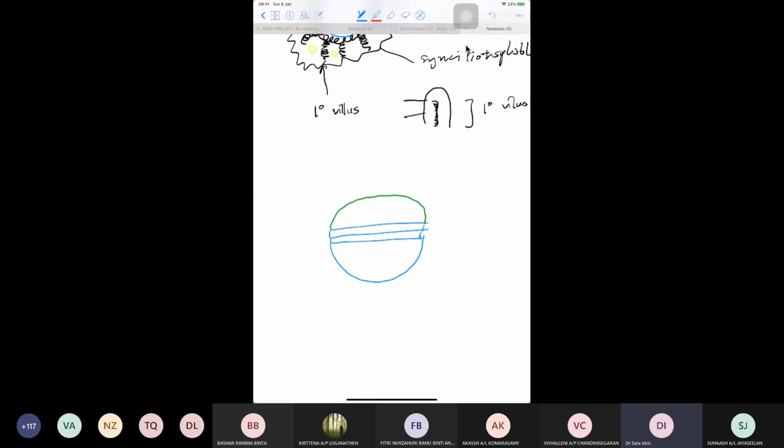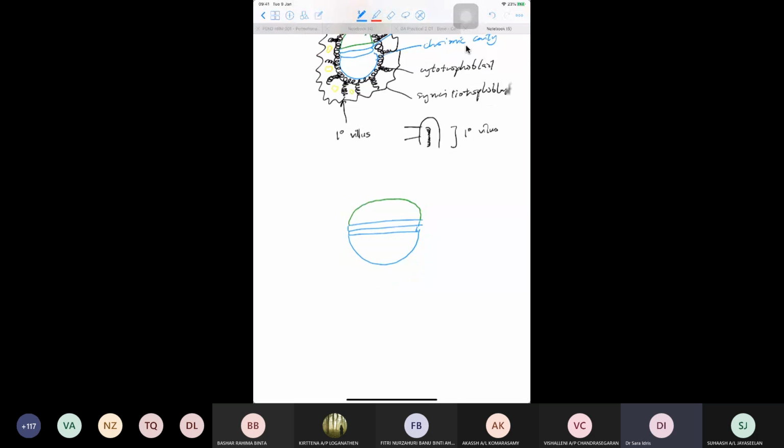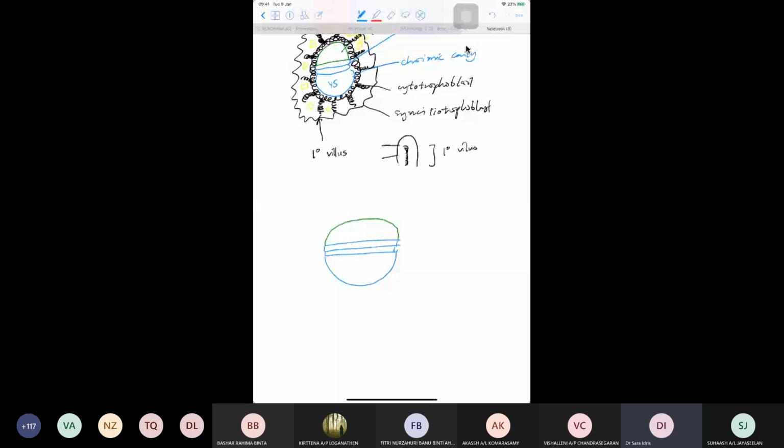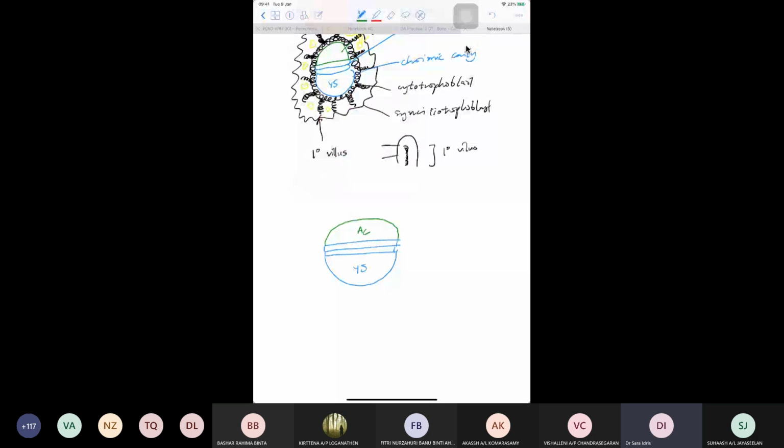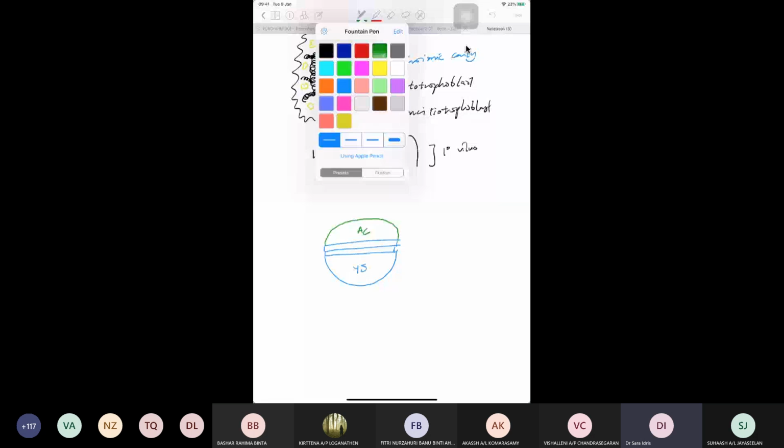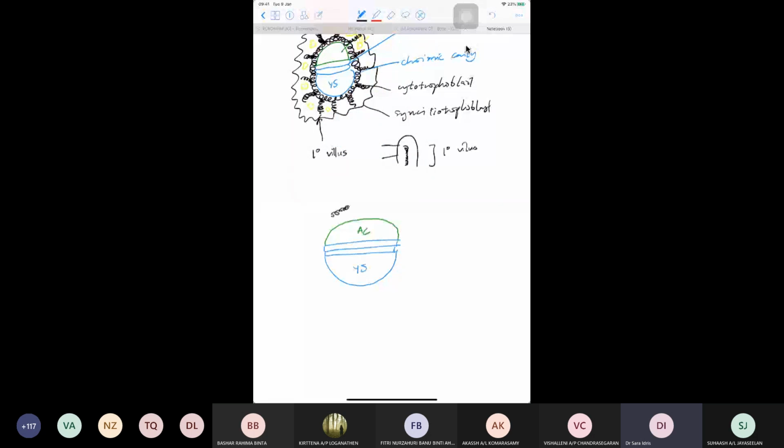Wait, this one here is not yet the chorionic cavity. This is the yolk sac actually. Sorry, so that's the yolk sac. That's your amniotic cavity. Then you have your bilaminar disc, and your cytotrophoblast surrounding the embryo proper.